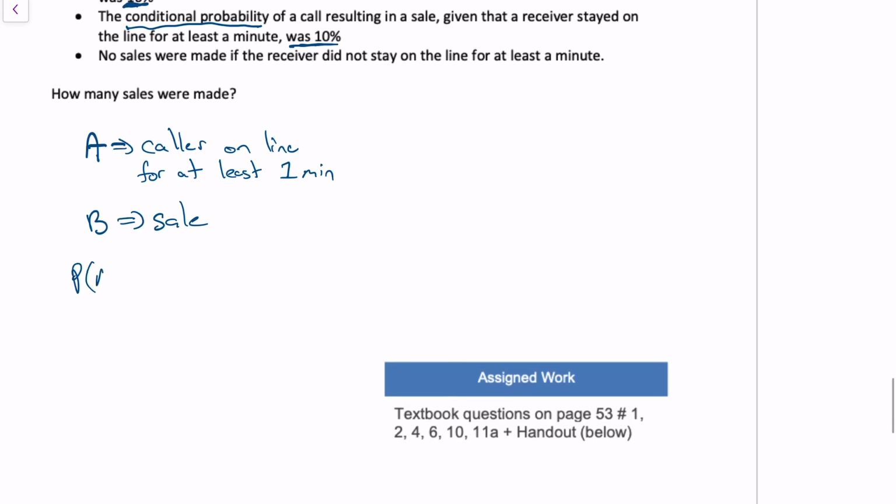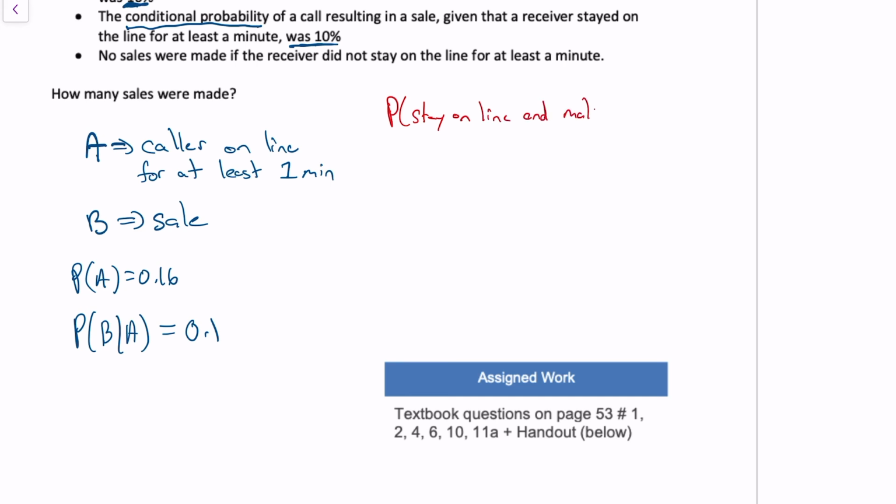So the probability of A is 0.16, and the probability we know of B, making a sale given that they stay on the line, is this 10% or 0.1. What we want is the overall probability here that they stay on the line and make a sale. So that's really the probability of A and B.